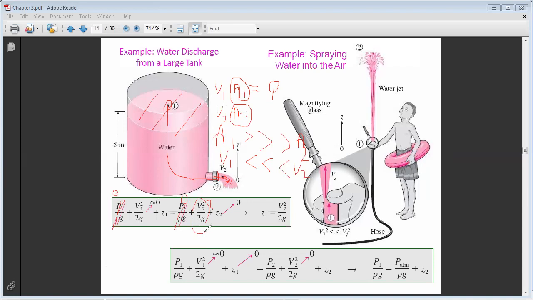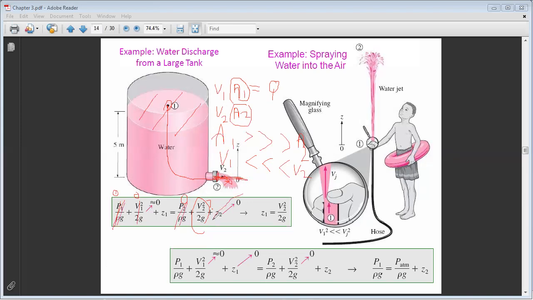Now this term will cancel out. For Z1 and Z2, we need a certain reference. We can consider the reference of Z at level 2, so Z2 is 0.